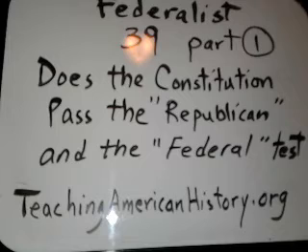But when he says federal, especially in this paper, he's talking about a federal form of government where power is divided, just like we've talked about. State governments have certain powers that the federal government cannot take away. The federal government has certain powers and authority that the states can't mess with. And then they've got concurrent authority in some other areas.